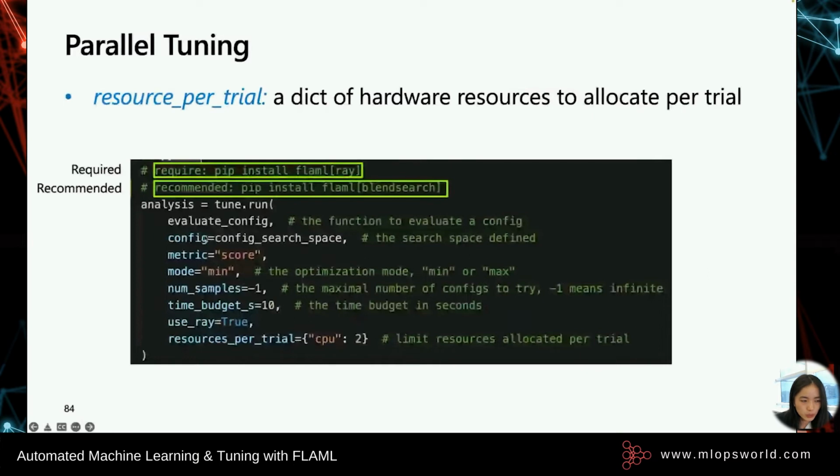So after installing those related dependencies, including the required Ray related dependency and the recommended blend search hyperparameter optimization algorithm, then you need to set use_ray to true and also specify the hardware resources to allocate per trial. For example, the number of CPU cores. Finally, we want to highlight that FLAML.tune offers a unified API for both single process and multi-process tuning.